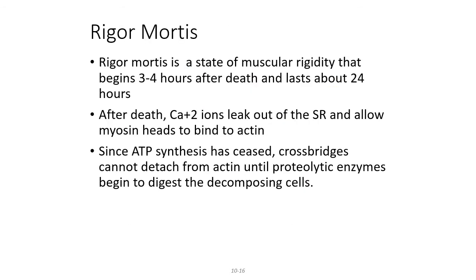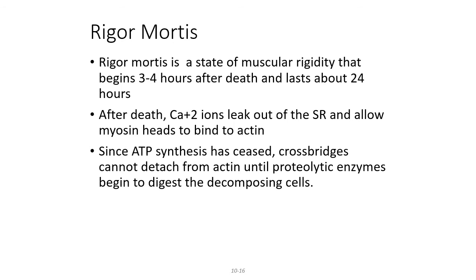When we have the release of acetylcholine, and then we get the release of calcium out into the cell, calcium itself needs to be removed from the sarcoplasm in order to get relaxation. And so when we die, rigor mortis sets in somewhere in the neighborhood of a few hours after death, and if the body is really cold, it may take more than that for it to occur.